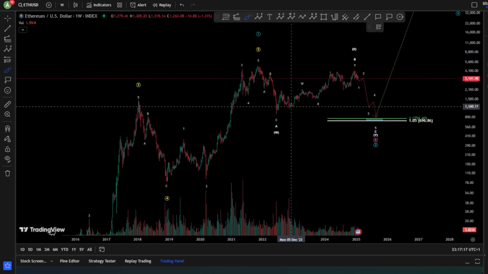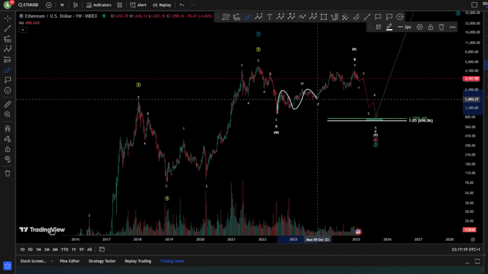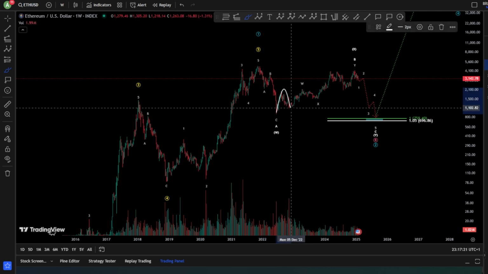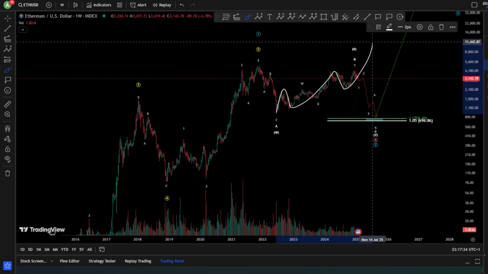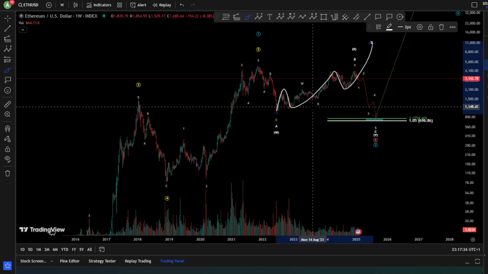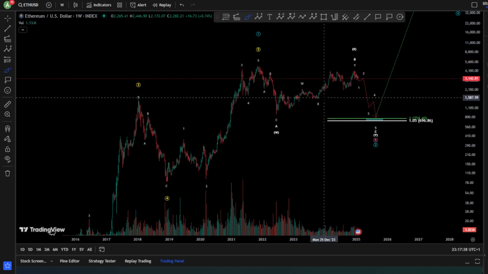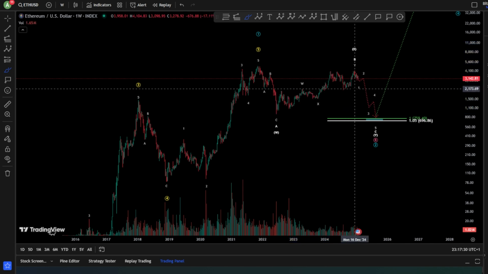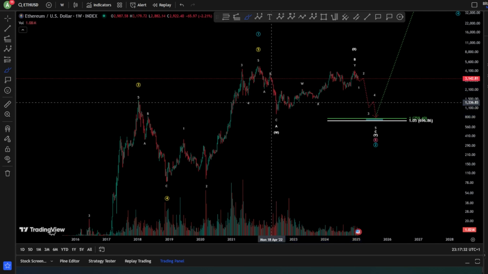Now, the last scenario could be an impulse or an expanding flat, 1, 2, 3, 4, and a 5. Also, this is not it, we didn't get any extended wave 5. So in this scenario, we are still corrective in this wave as well.